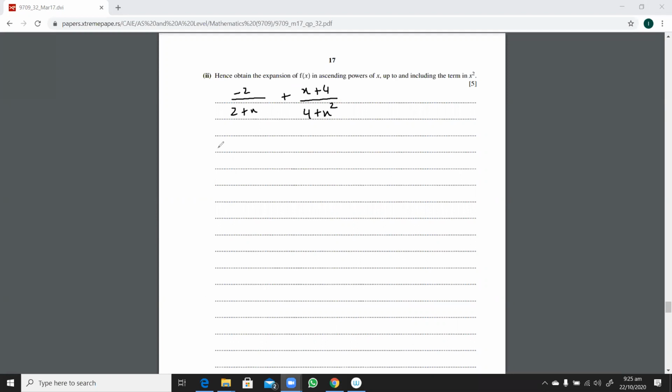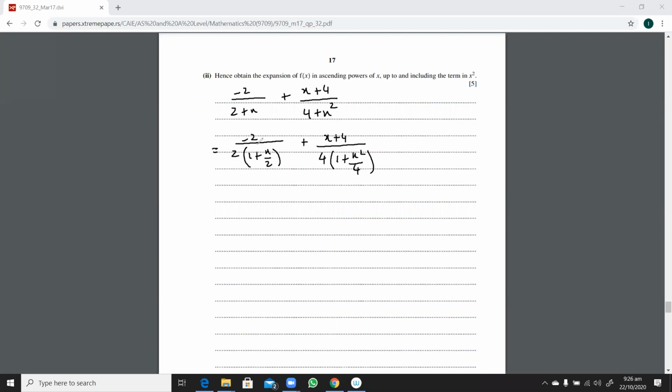So first of all, I would be writing it as minus 2 over, I need to take a 2 common from here. This is 1 plus x over 2. And this one, I don't need to be bothered about this numerator here. This is x plus 4, let it be the way it is. I need to take a 4 common from here. This is 1 plus x squared over 4. So first term has to be 1.